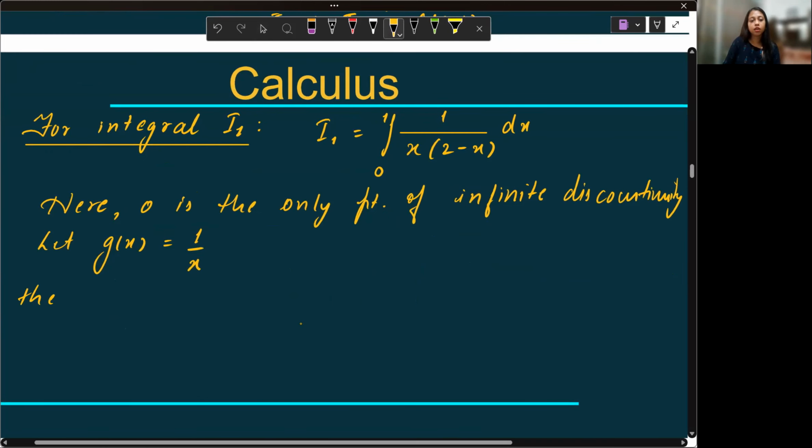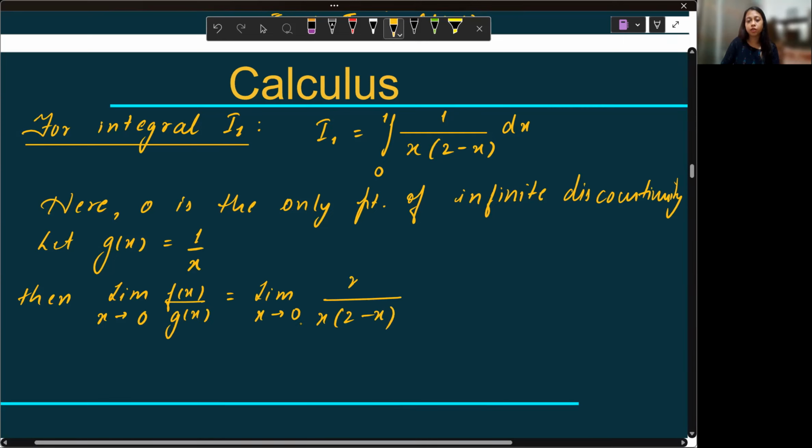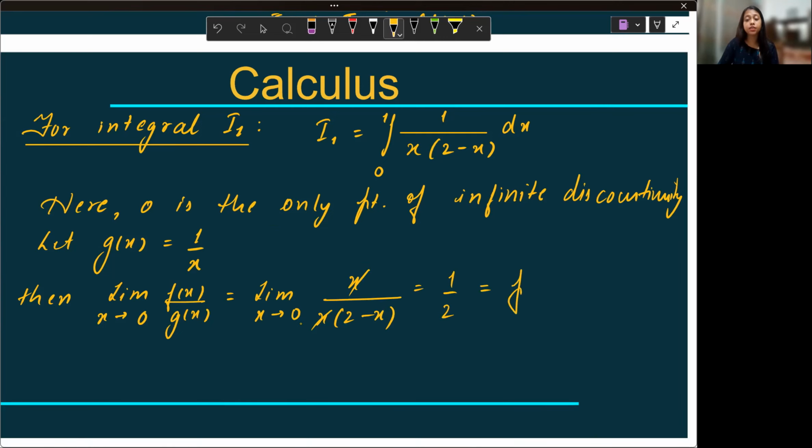Then what is limit x tends to 0 of f(x) by g(x)? That is equal to limit x tends to 0, f(x) is 1 by x(2 minus x), g(x) is 1 by x, so that will cancel out, and the answer is 1 by 2, which is a finite non-zero limit.